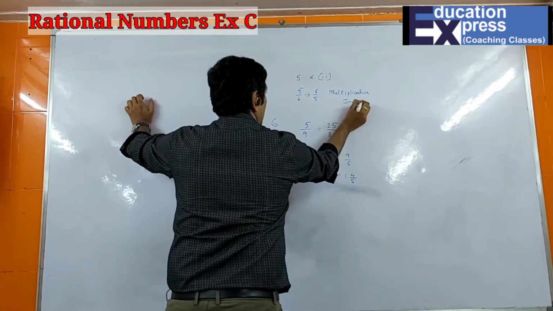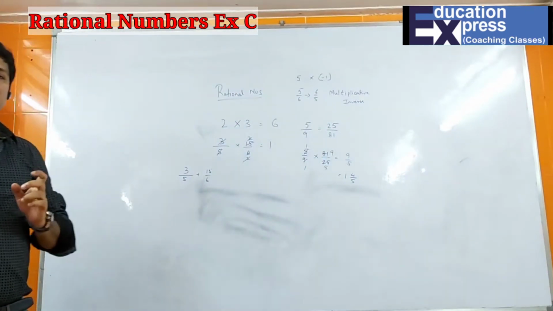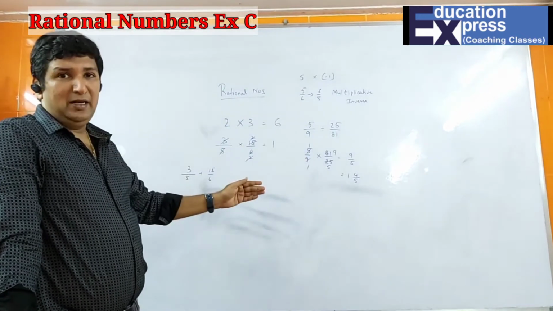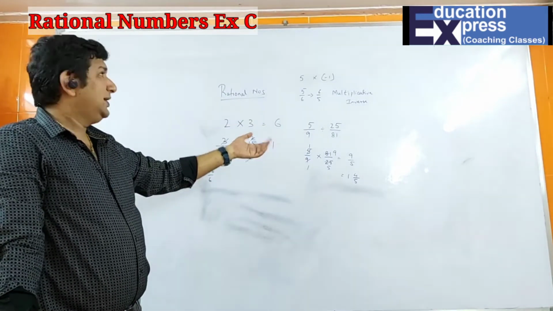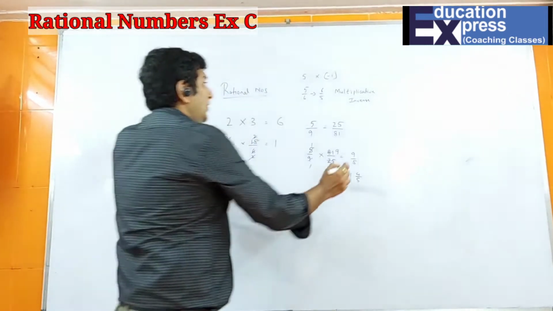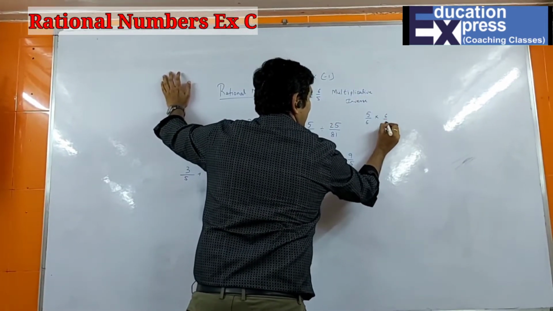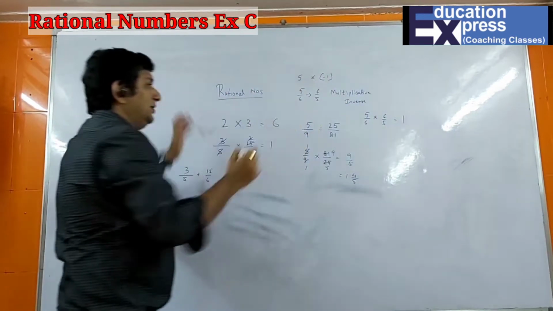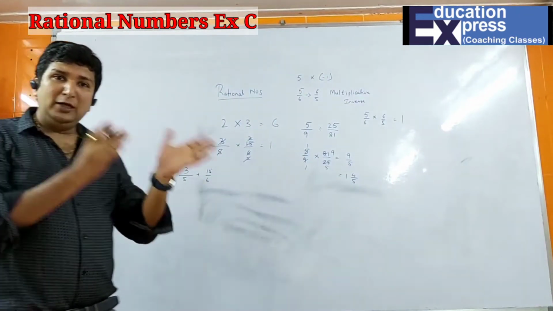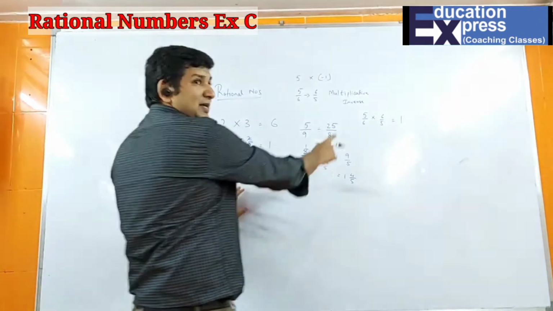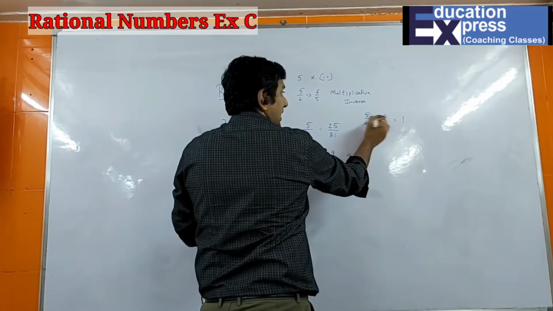So when I'm talking about multiplicative inverse, I just have to do only one thing. Whatever number is available, I just have to reciprocal that number in such a way that when you multiply the number and its multiplicative inverse, the answer will always be 1. Always remember, when you multiply the number with its multiplicative inverse, obviously as they are reciprocals of each other, they will get cancelled, and the answer is 1.